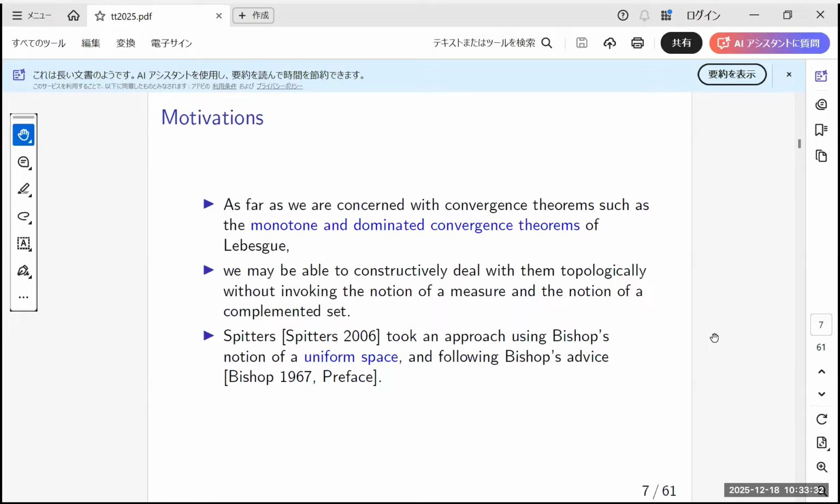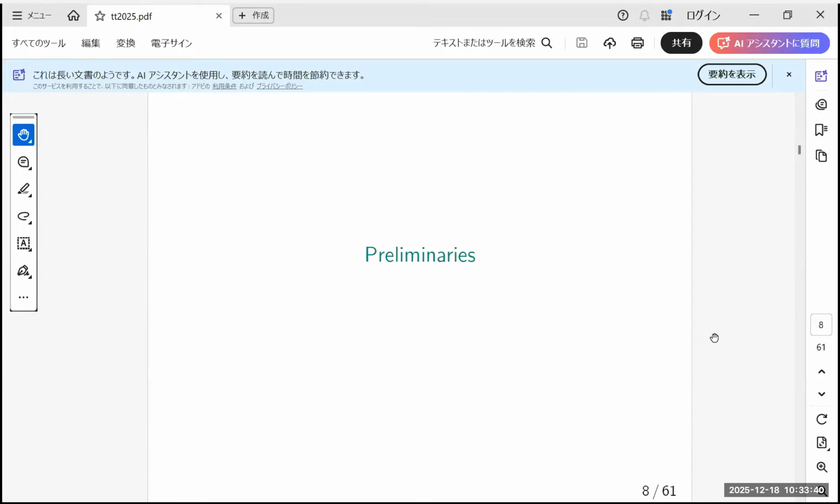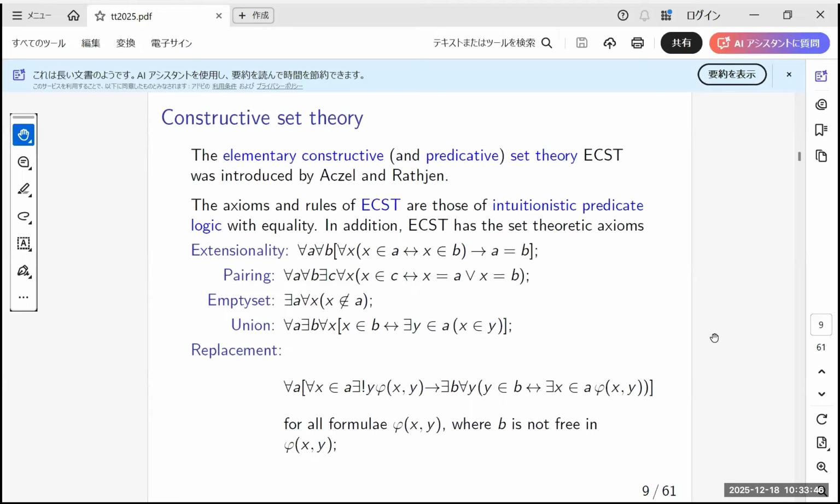Bas Spitters took an approach using Bishop's notion of a uniform space, that is the family of pseudometrics. And preliminarily, we are going to work within constructive set theory, ECST.